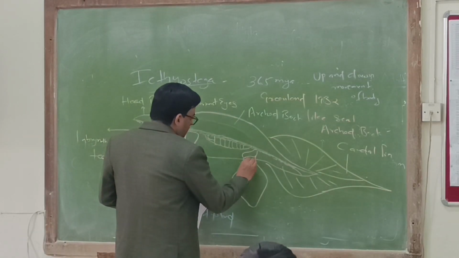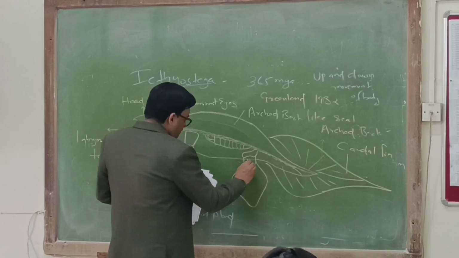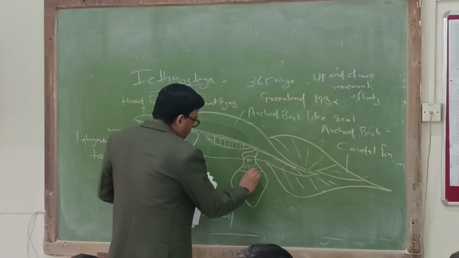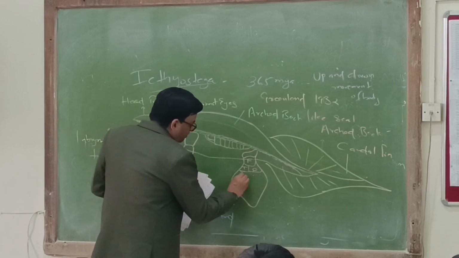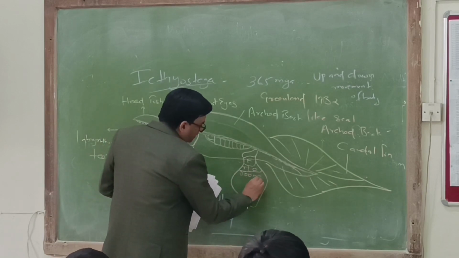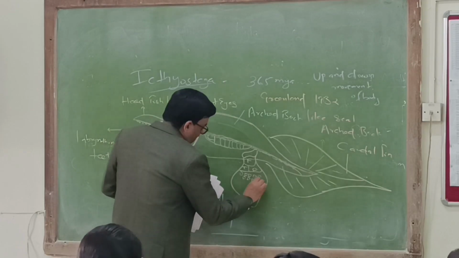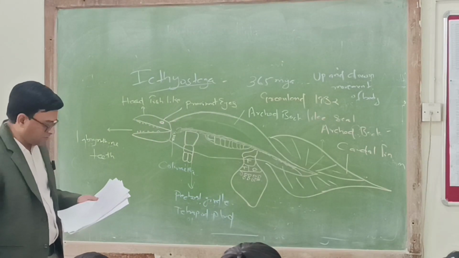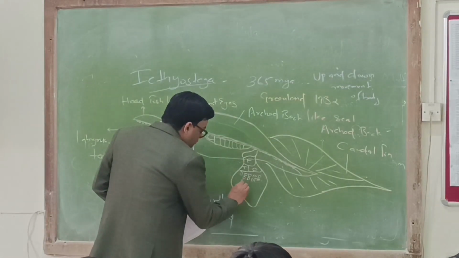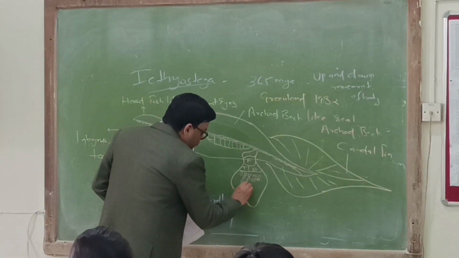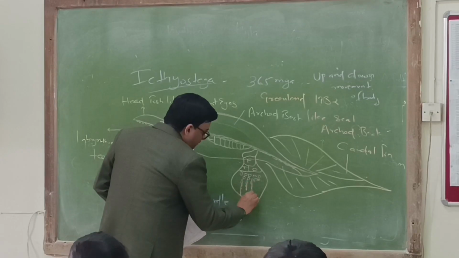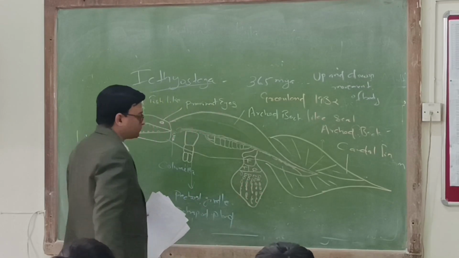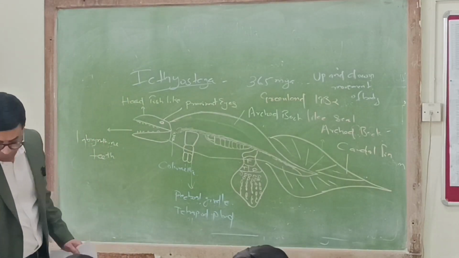One bone, which is the femur, then there will be 2 bones, which is equivalent to tibia and fibula, then there will be many bones, and then we will find that there are 5 digits. 1, 2, 3, 4 and 5.